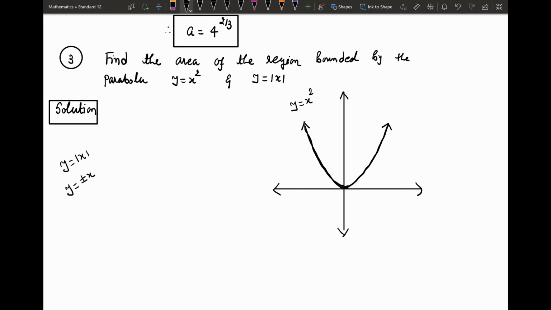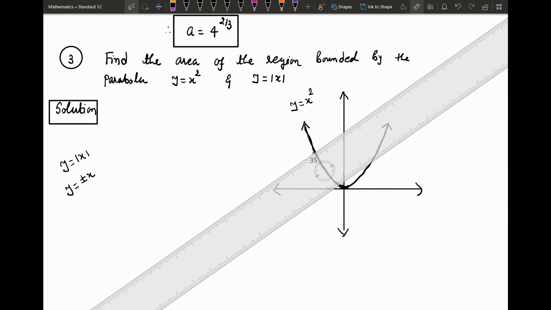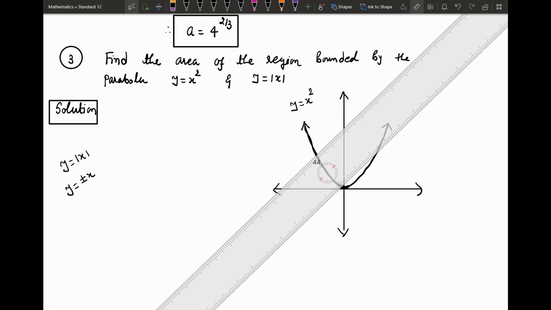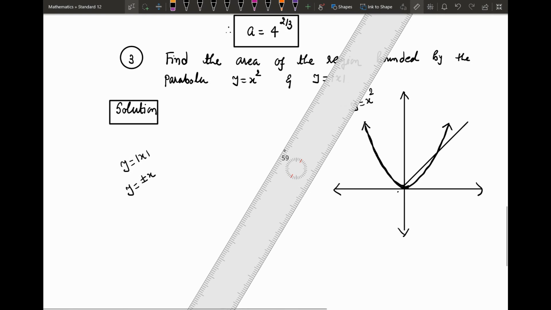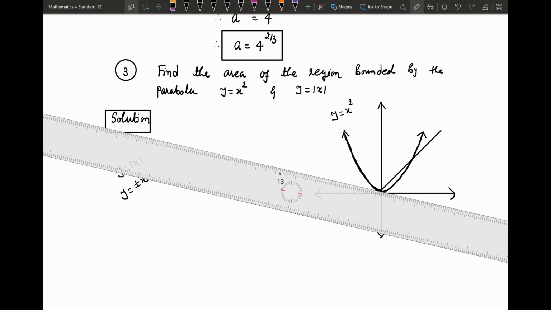So since y is positive, y equal to plus x. So y equal to x, we know it is a line making 45 degrees with the x axis. So this is y equal to x, and here it will be y equal to minus x.